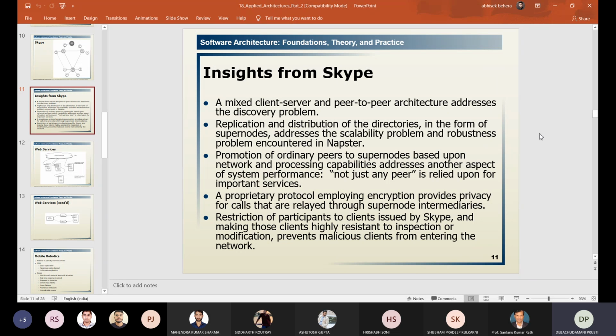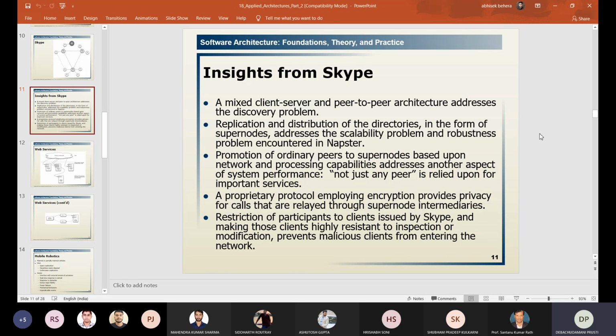Once we are negotiating a call between two peers, the proprietary protocol provides the encryption service that provides privacy for the two peers. Otherwise, other peers may access. If there is no privacy for your voice call or video call, others may access. That's why it employs encryption.